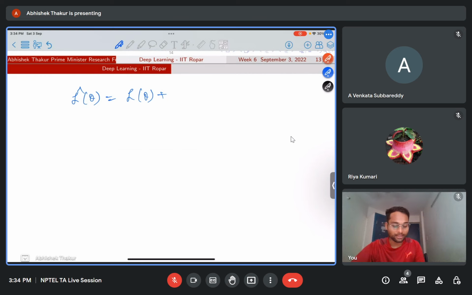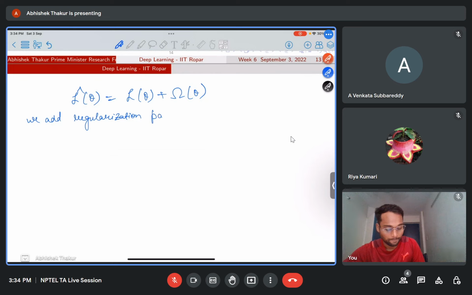Why do we add a regularization parameter? We add the regularization parameter to optimize the model so that it will not overfit.